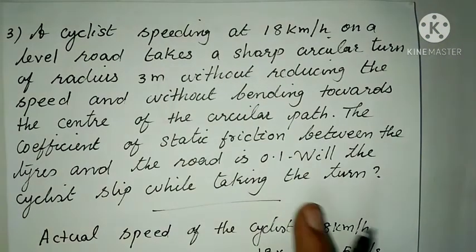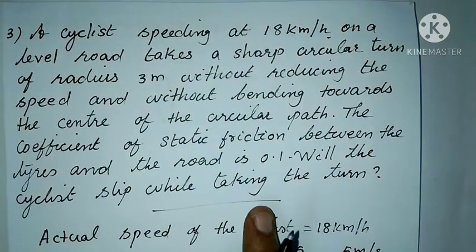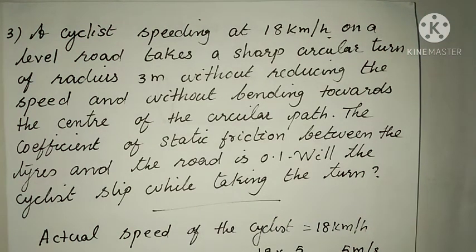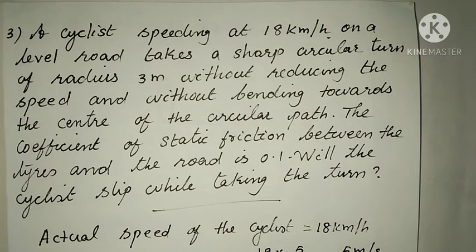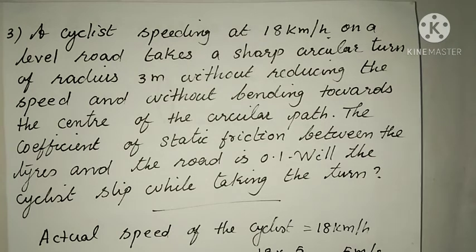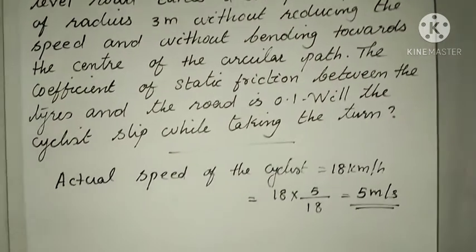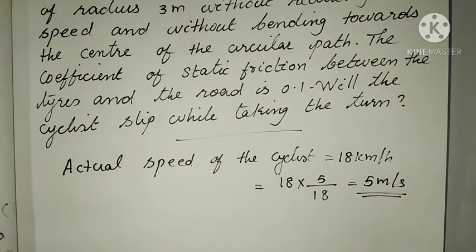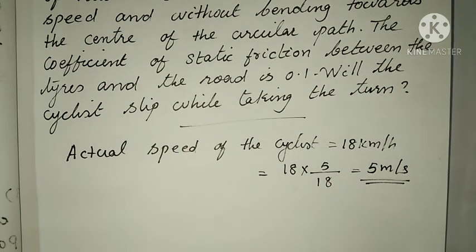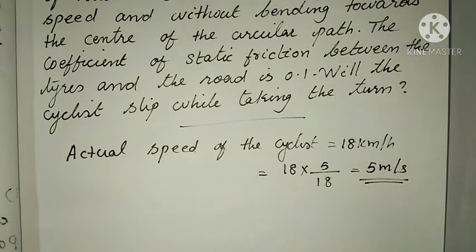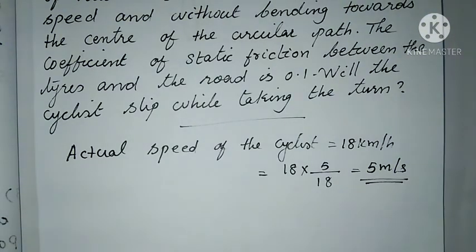Then from the question, you need to find out the maximum safe speed of the cyclist. If the actual speed of the cyclist is greater than the maximum safe speed, then the cyclist will slip while taking the turn. So what is the formula of the maximum safe speed while taking the circular path?